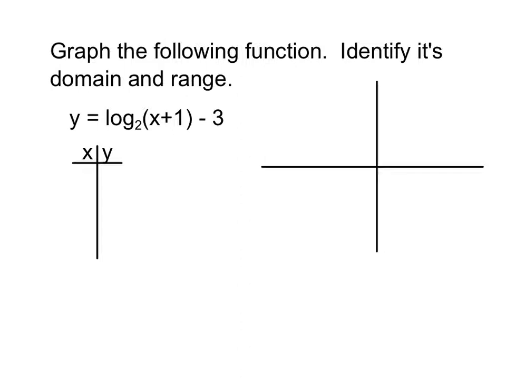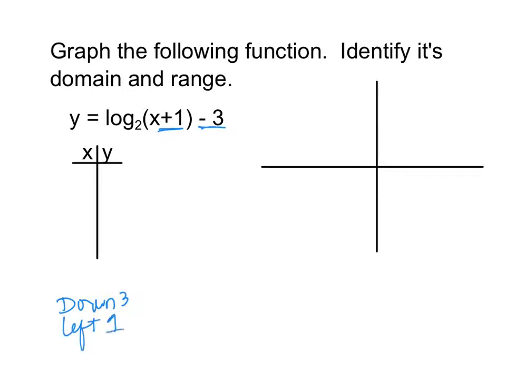Before we even get started though, you should remember your transformation rules. Looking at this equation, I already know that it will be moved down 3 and to the left 1.